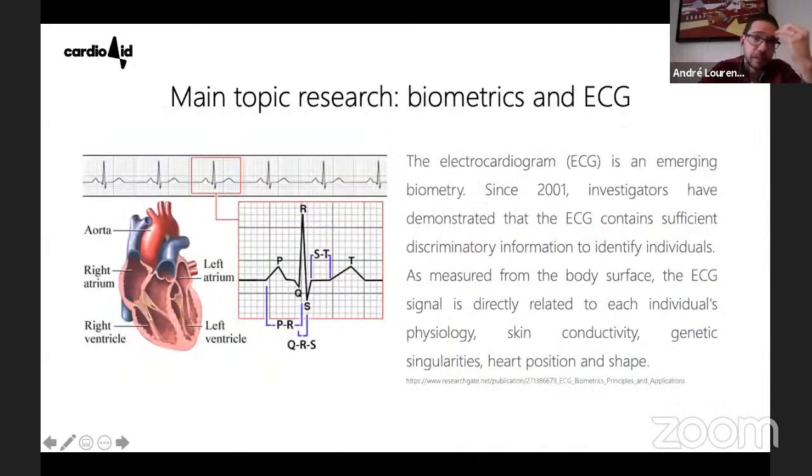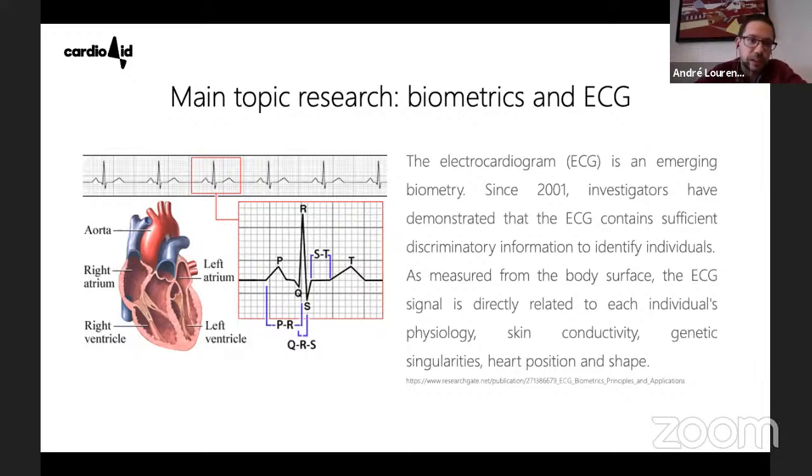So there is the possibility of using, as Philippe presented before, several biometric traits for recognizing humans and other living beings. And we chose to focus on the ECG since it was a signal that was there and it was possible to acquire in a different way than was typically done before.